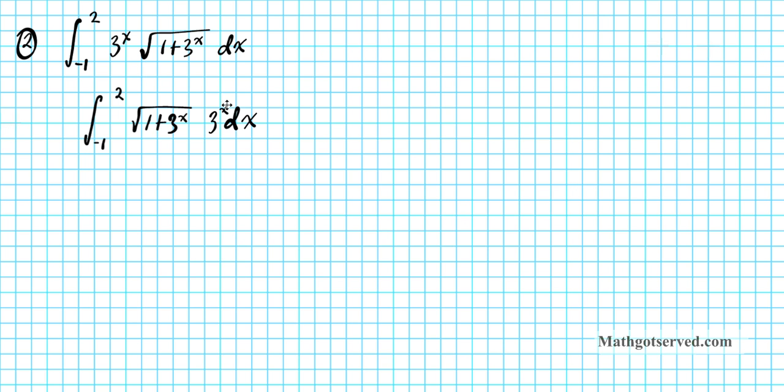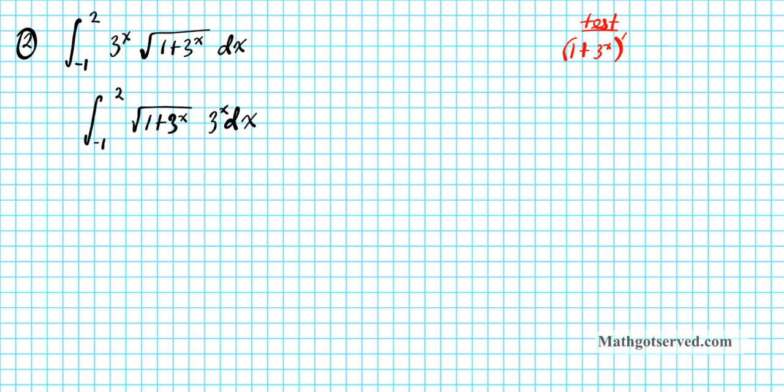Now the question is, if I differentiate this inner function, do I end up with a multiple of this function right here? So let's do our test real quick to see if I can use integration by substitution. Test on the side: let's take the innermost function and differentiate it using differentials.